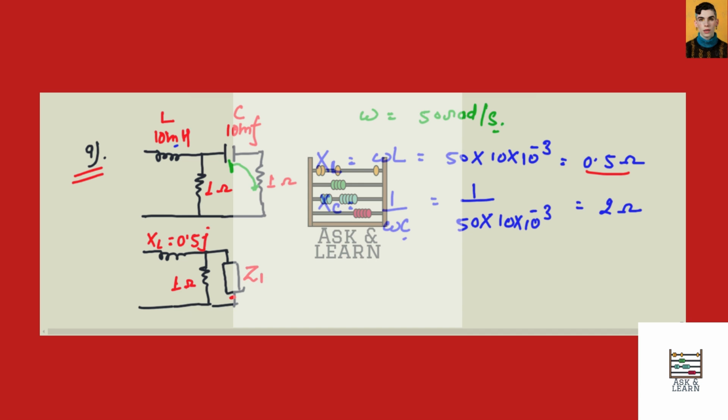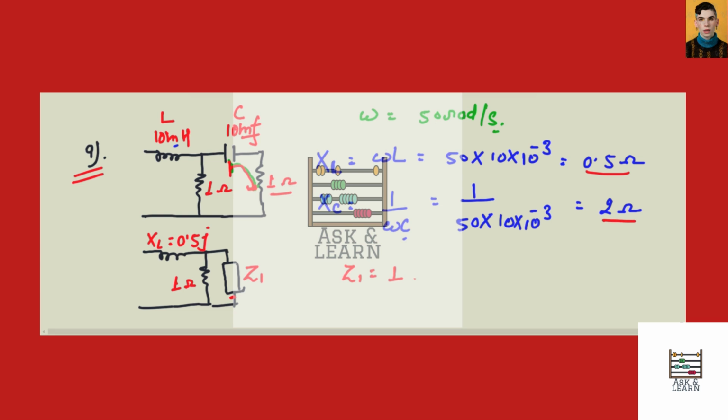Z1 is equal to the summation of these two elements, the impedances, or you can just see the real part and the imaginary part. So we get 1 plus, this is our XC, 2 ohm. For the capacitance, the sign is negative, right?